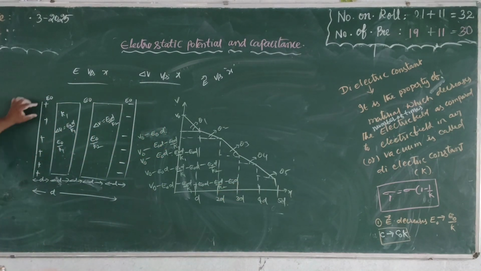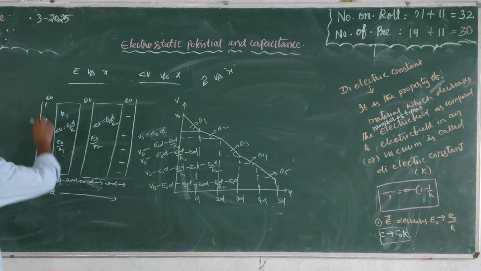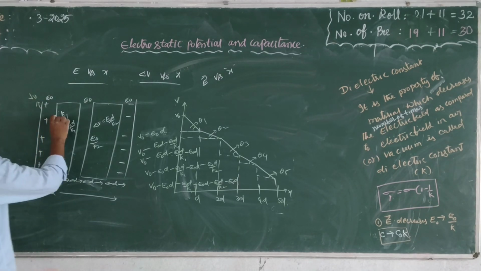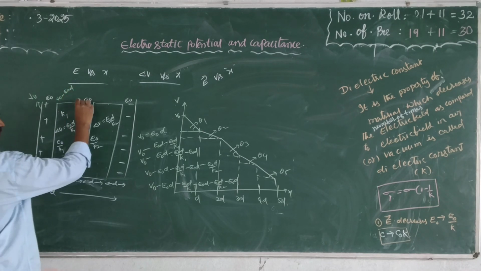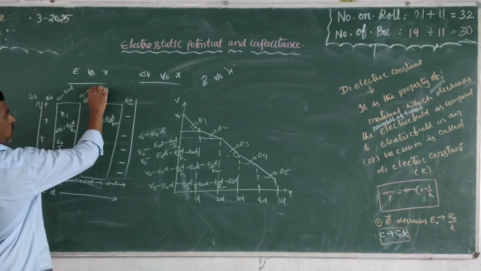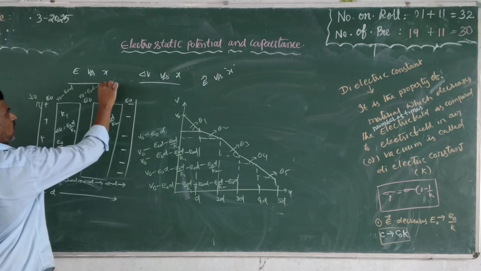See, I write the maximum here: the potential is V naught. Then V naught minus E naught D. Then V naught minus E naught D minus E naught D by K1.